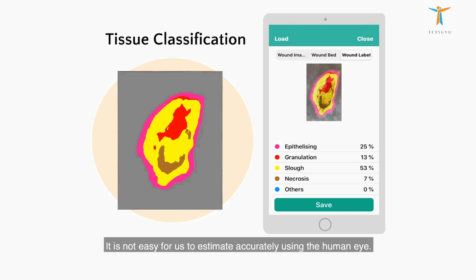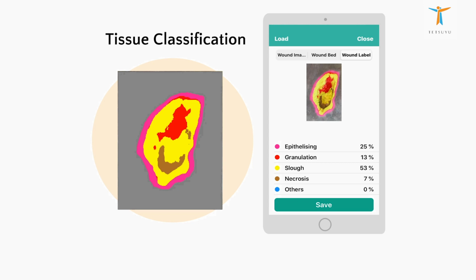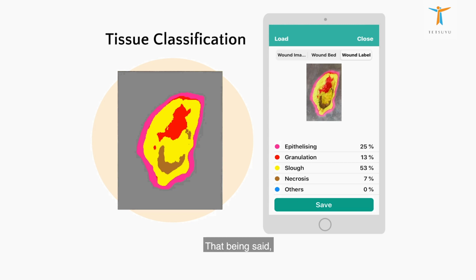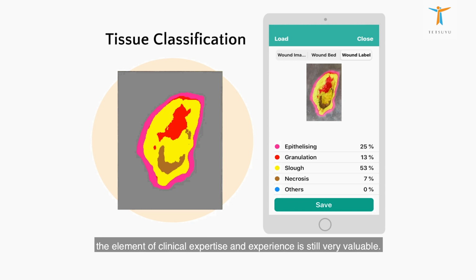It is not easy for us to estimate accurately using the human eye. AI can do this automatically in seconds and it's proven to be mostly accurate. That being said, the element of clinical expertise and experience is still very valuable. Clinicians must be trained to value and use their own judgment, and edit accordingly when necessary.